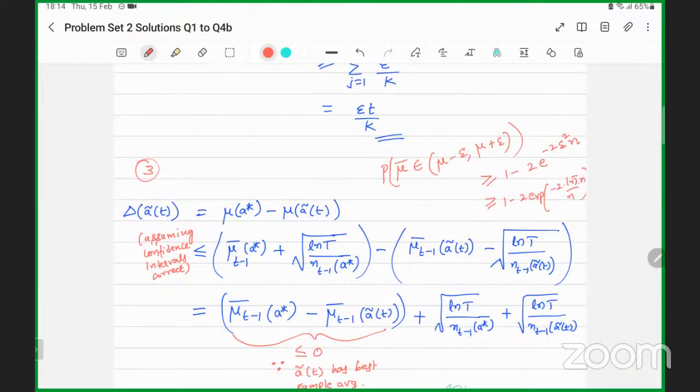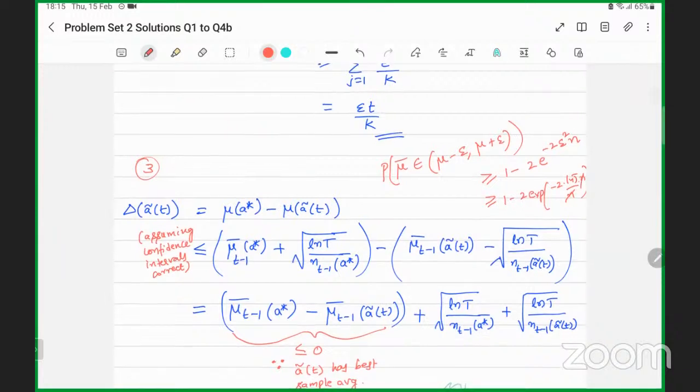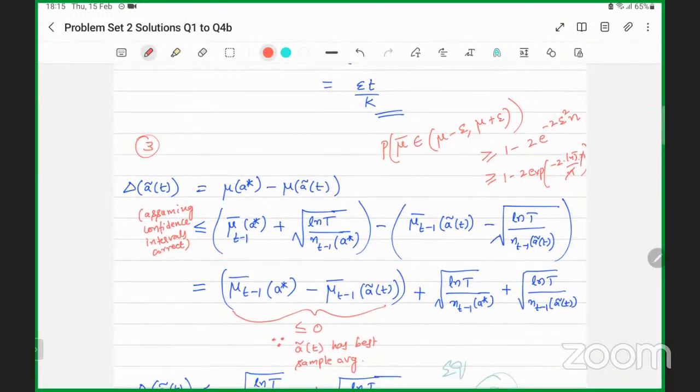So this n and n gets cancelled. So this is roughly like 1 by t, that is 1 minus roughly 2 by t. So with some high confidence, your sample mean will be close to the true mean.